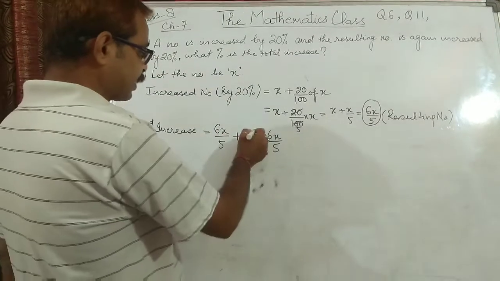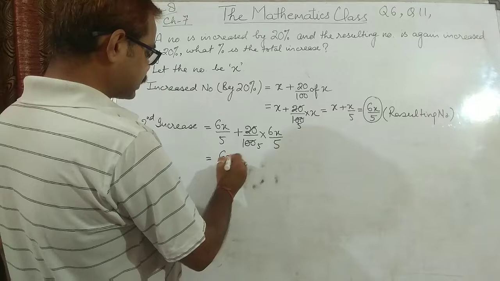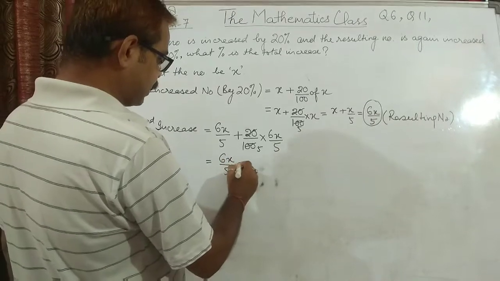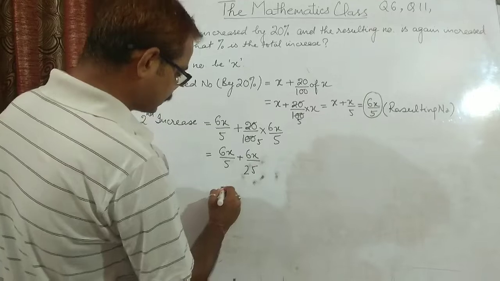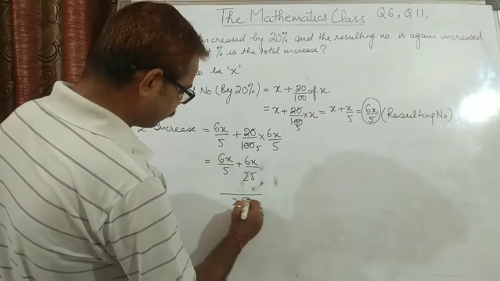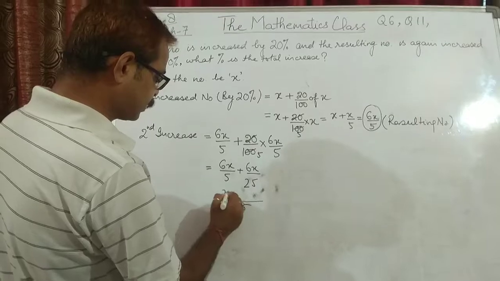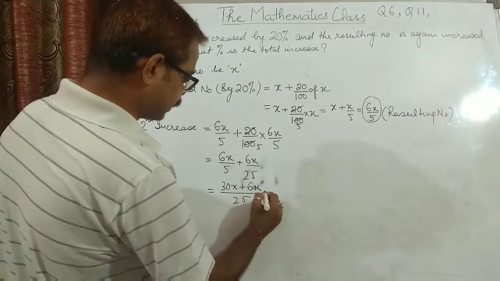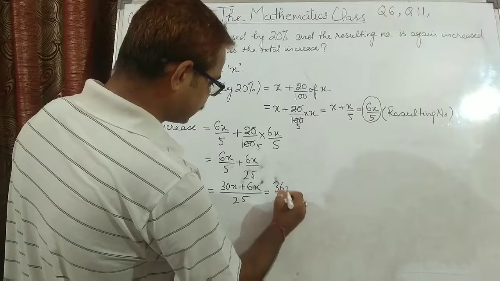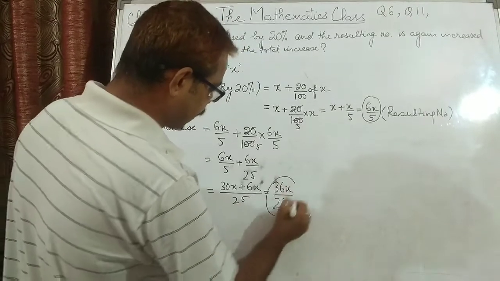Now let's see, 25 is 100, so it becomes 6x upon 5 plus 6x upon 25. Now LCM will be 25. 25 divided by 5 is 5. 5 6s are 30. 30x plus 6x. So this becomes 36x upon 25.